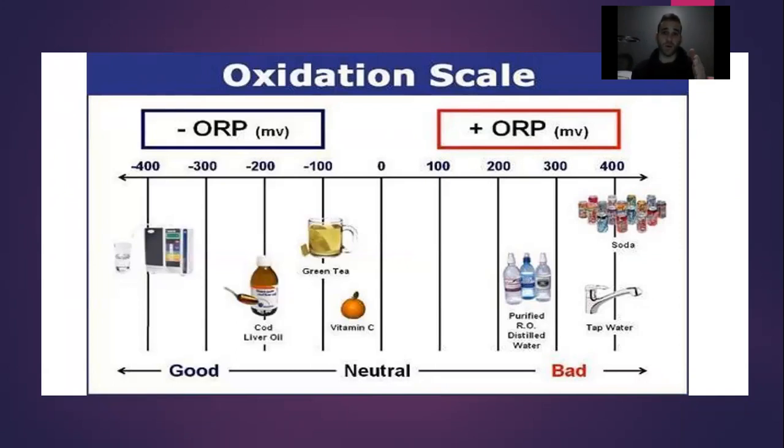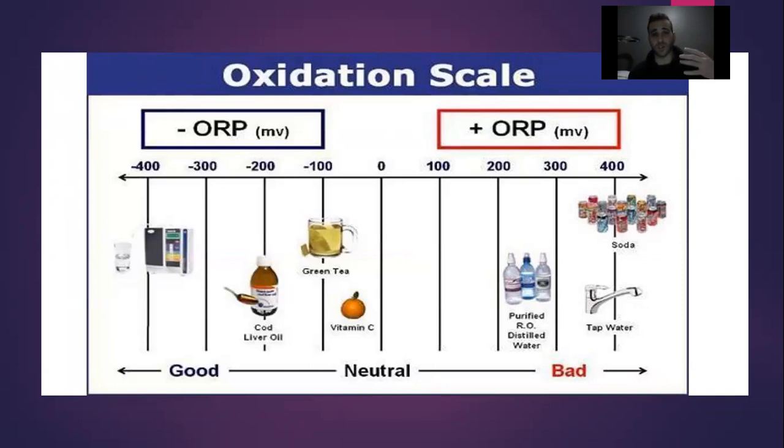When a substance or liquid is negative, it shows that it is a reducing agent, and that it promotes antioxidation. So we have vitamin C, green tea, cod liver oil, and then we've got the Kangen water on the far left.